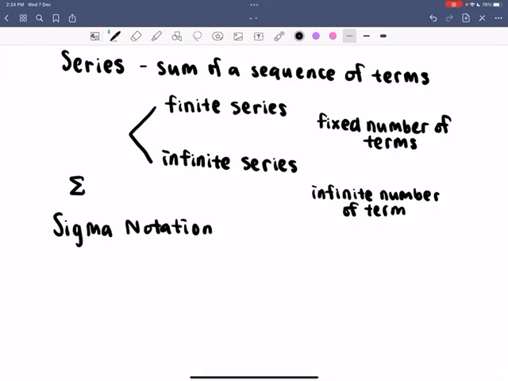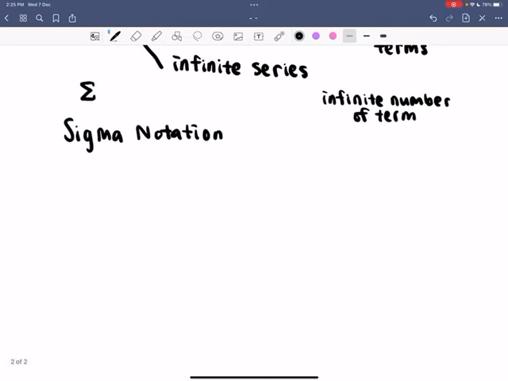So an example I'll be using is, this is a finite series. And there's different components to it.